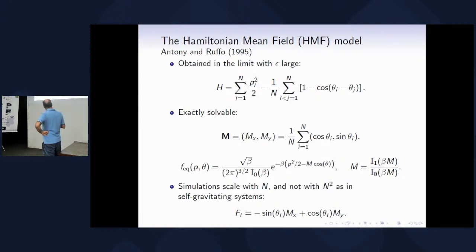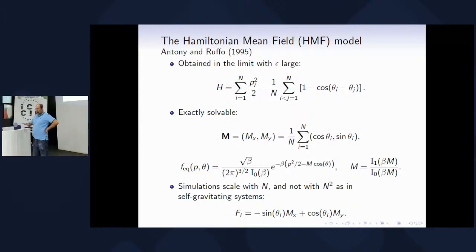We also define the magnetization, in analogy with a spin system, which has two components. That is, the magnetization is essentially the average of the cosine and the sine of the angle of each rotator, or each particle. This model is solvable in the sense that I can compute the equilibrium properties exactly.